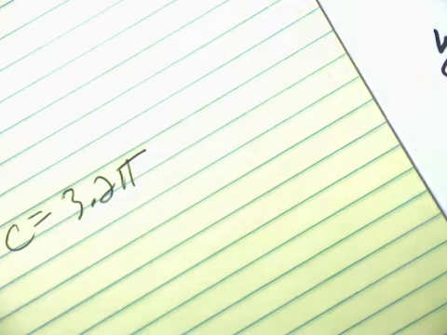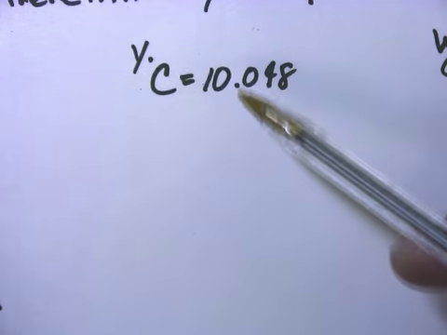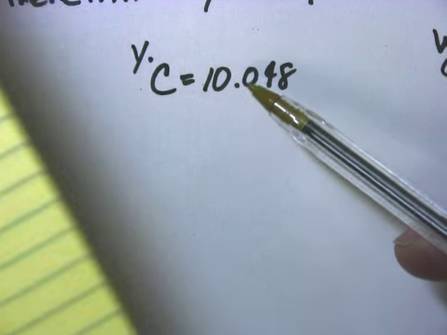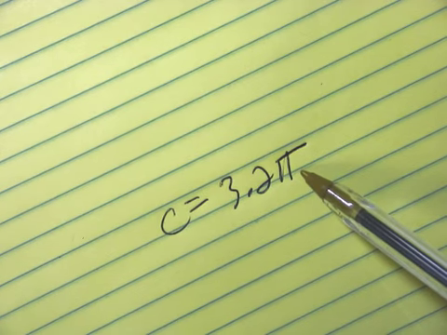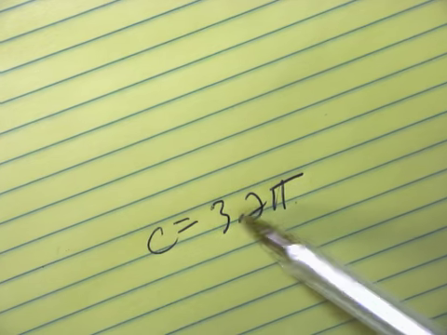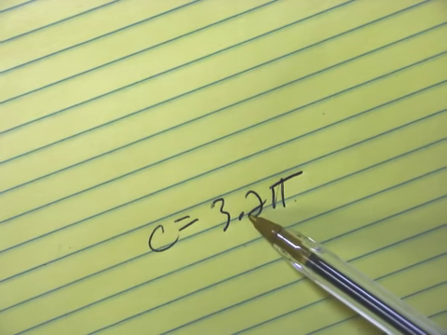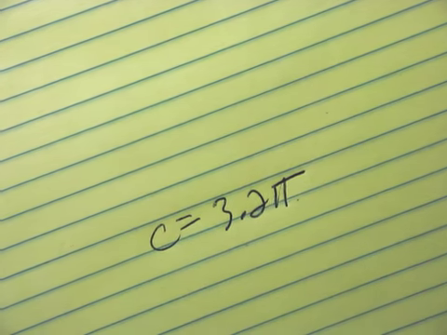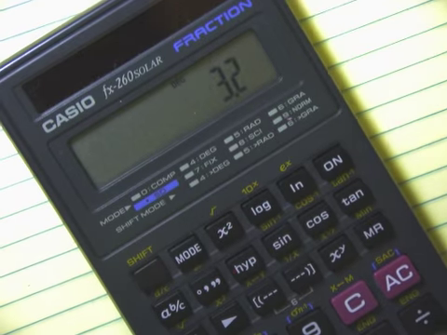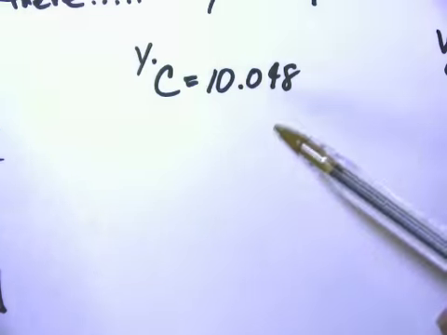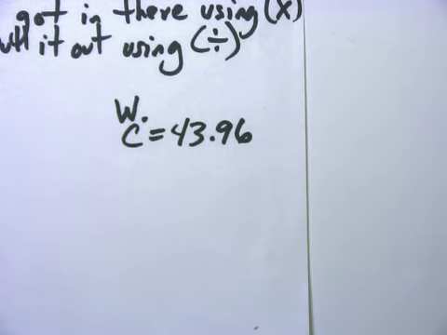So in other words, the circumference, in terms of pi, is going to be 3.2 pi. Because I divided the pi out of here, I got 3.2, but I got to put the pi next to it. And by the way, if I take 3.2 and multiply times pi, what do you think I'm going to get? I'm going to get exactly what I started with.